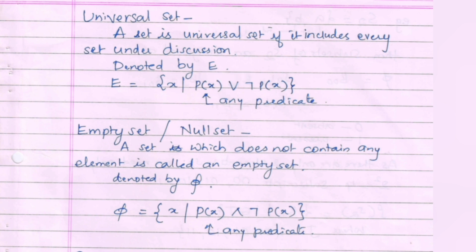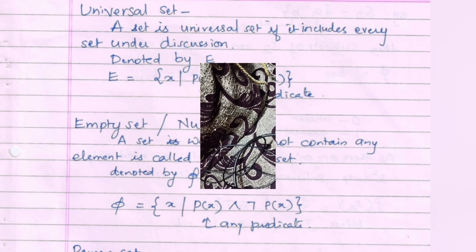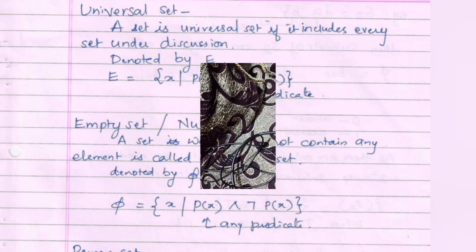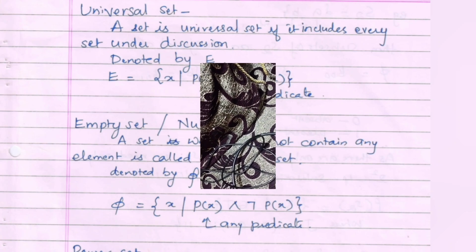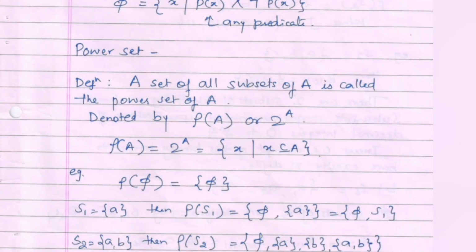Empty set or null set: a set which does not contain any element is called the empty set, denoted by φ. Next is power set. The set of all subsets of A is called the power set, denoted by ρ(A) or 2^A.